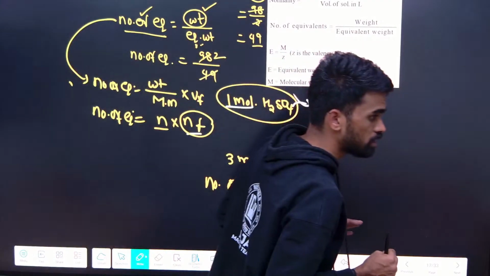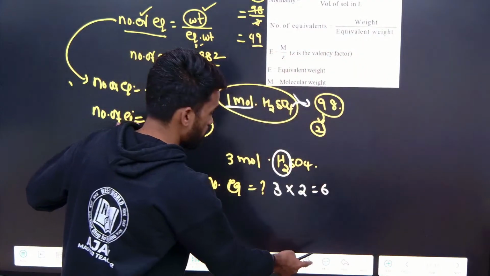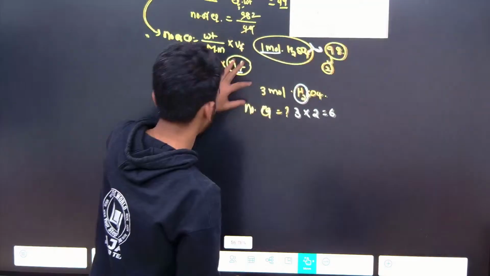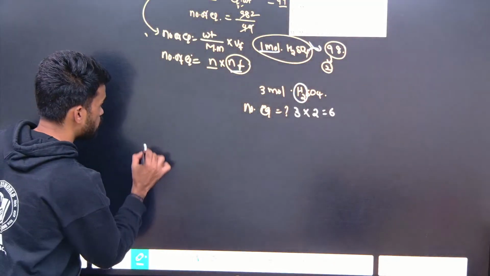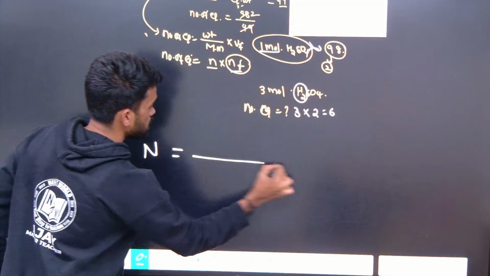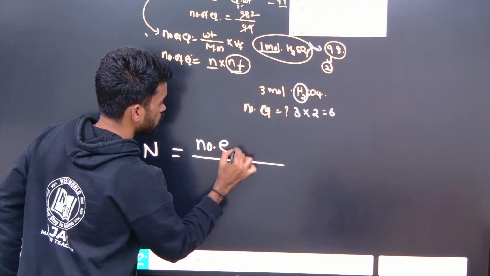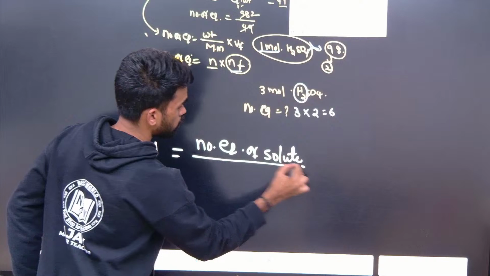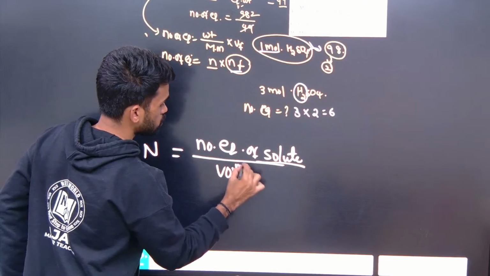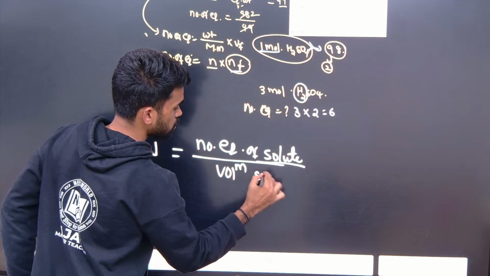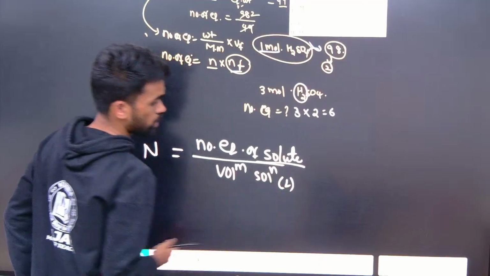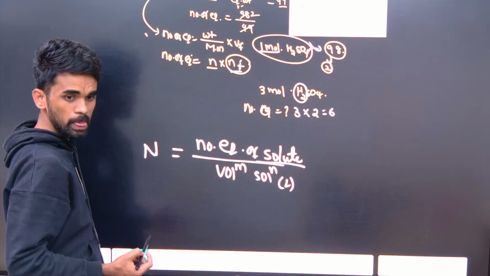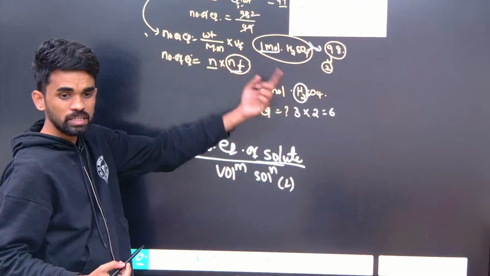Okay, so now what I am going to discuss is normality. Normality should be taken as the number of equivalents of solute by volume of solution in liters. If I want to express it in ml, multiply with 1000.